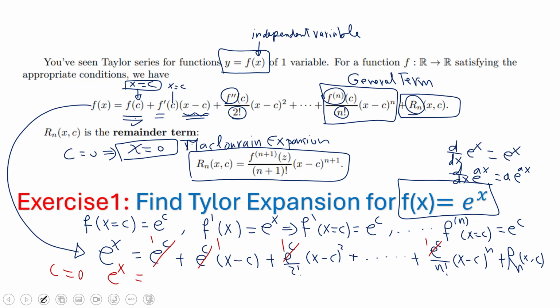So your Taylor series for this one will be 1 plus x minus 0, plus x minus 0 squared, plus... this is the Maclaurin series, right?